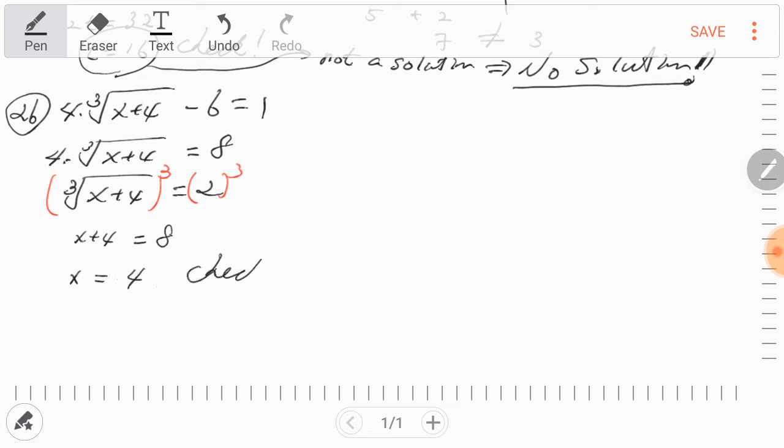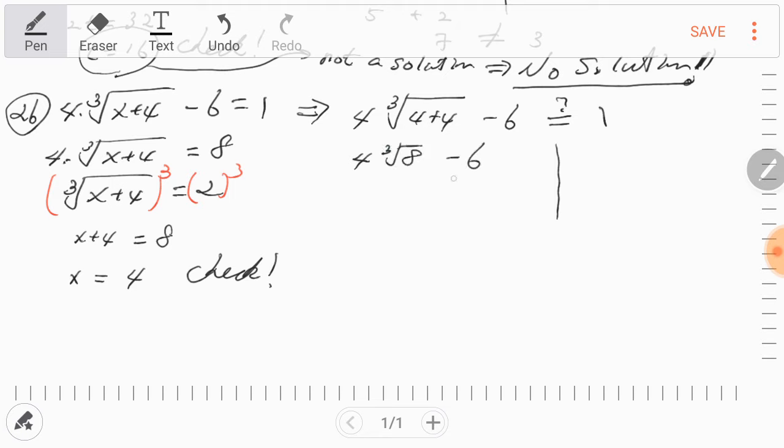And then we've got to check whether this is okay. So from the original equation, 4 times cube root of 4 plus 4, minus 6. Is this equal to 1? Okay, let's check it out. 4 times cube root of 8, minus 6. Then 4 times cube root of 8 is 4 times 2, which is 8. Then 8 minus 6 is equal to 2.